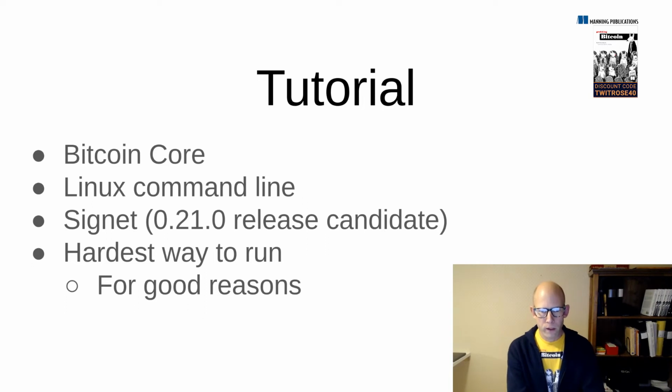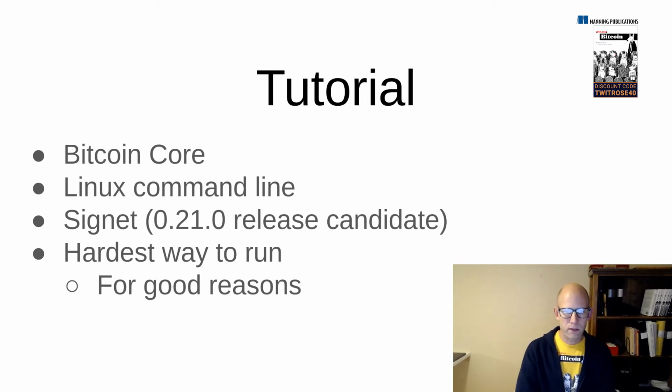And one more thing, Signet. We are using Signet, which is an alternative network, which is fake Bitcoin. Signet is like Bitcoin, but it's another network, and the money is fake.